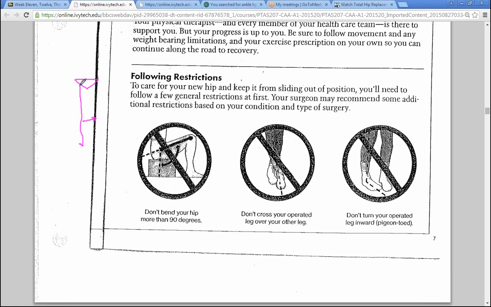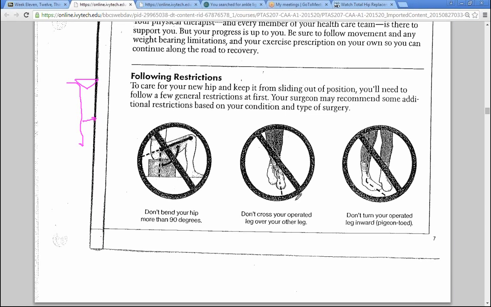Therefore, the head, being opposite, would go lateral and inferior. And so again, that's that lateral position that's no longer covered, especially with the gluteus medius being interfered with during the surgery. So that's a potential dislocation.